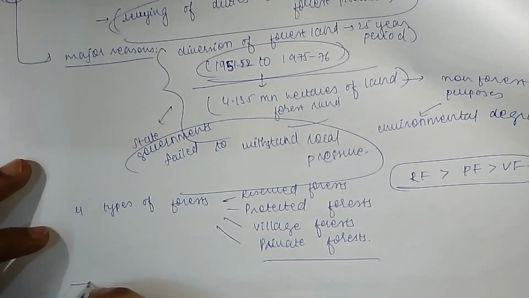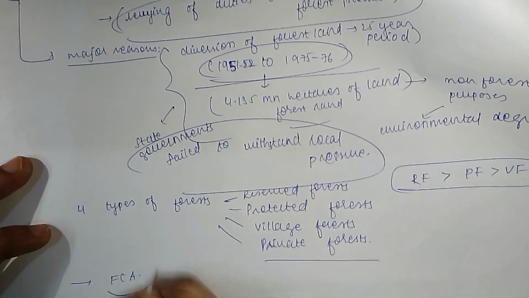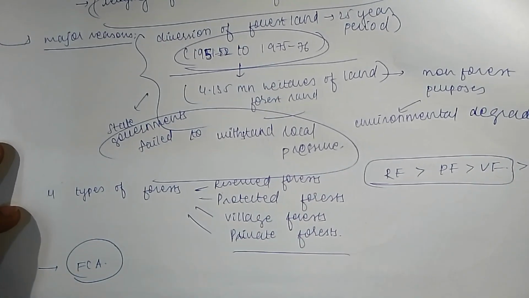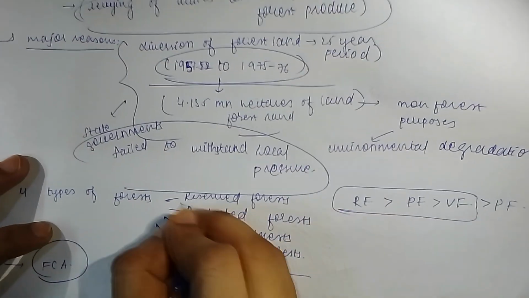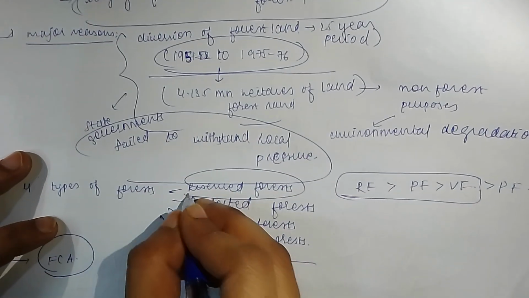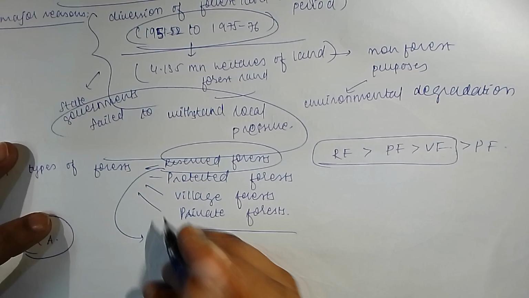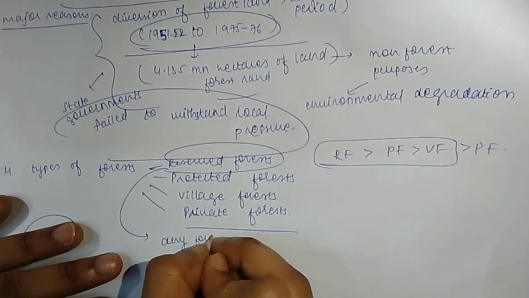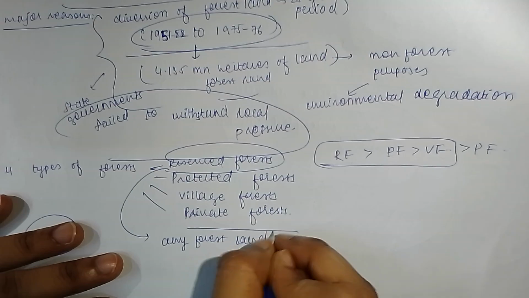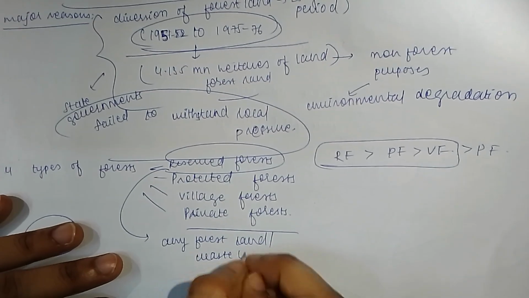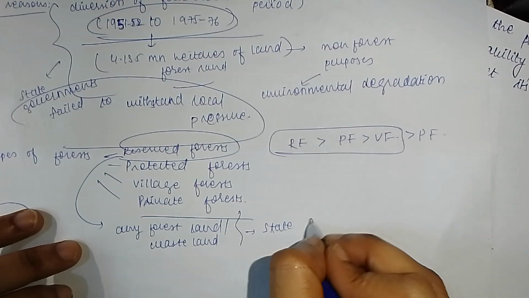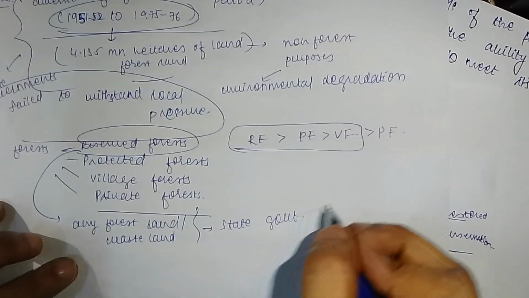So this Forest Conservation Act, basically, I'll first discuss about this reserved forest only. Within reserved forests, it can be any forest land or wasteland which the state government declares.